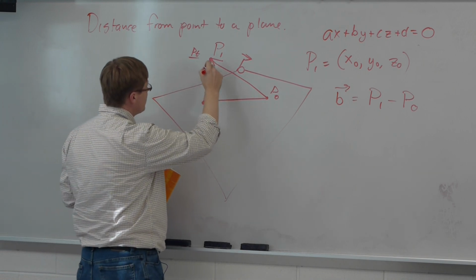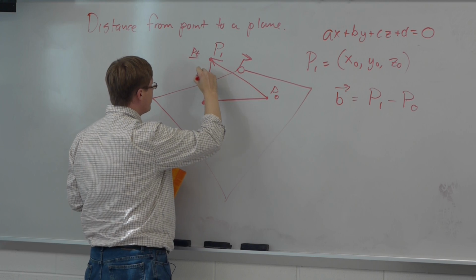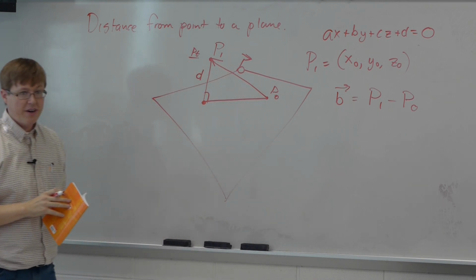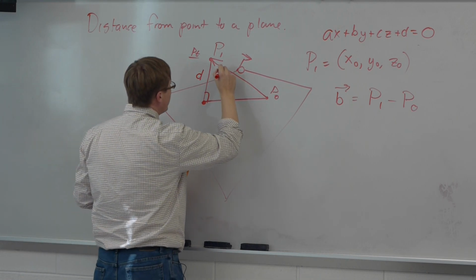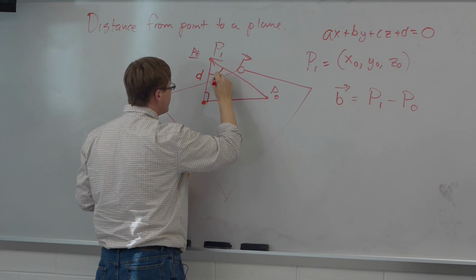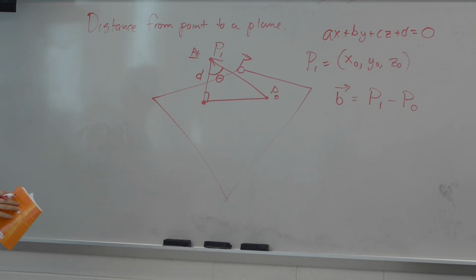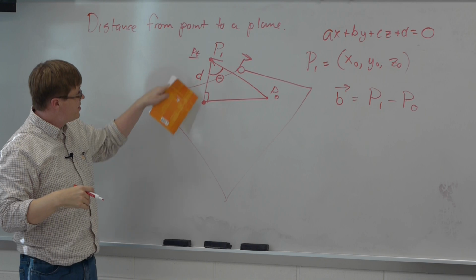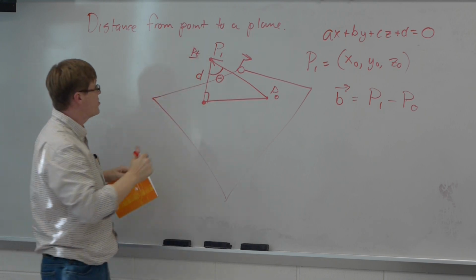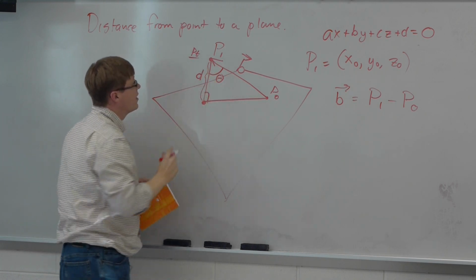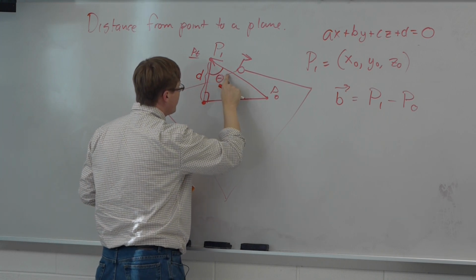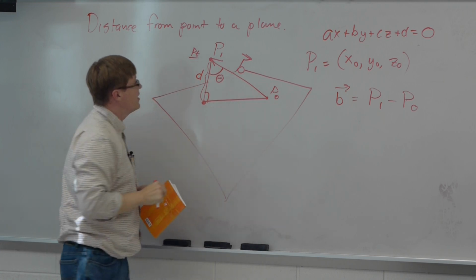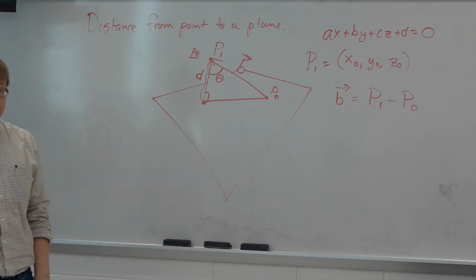Now the distance is going to be that length right there. Your distance is straight up and down. And that angle in the top part of my triangle is the angle between two vectors.